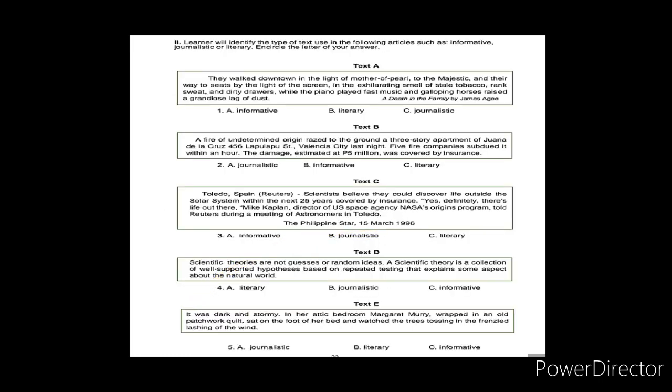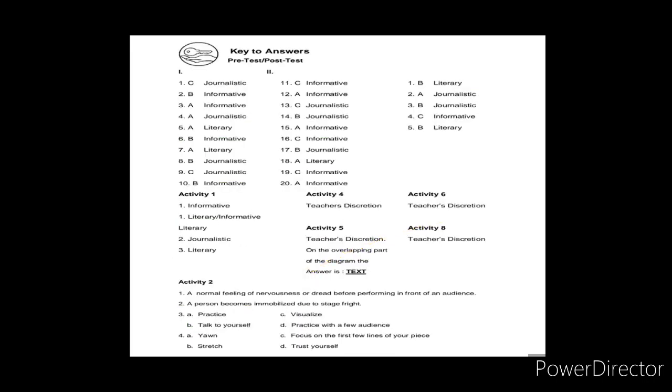There you go. After this post-test, like what I promised to you a while ago, I'm going to show you the key to answers. You also did the pretest before our module at the beginning of this vlog, and now the post-test. These are the key to answers.